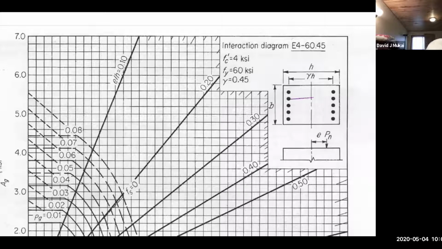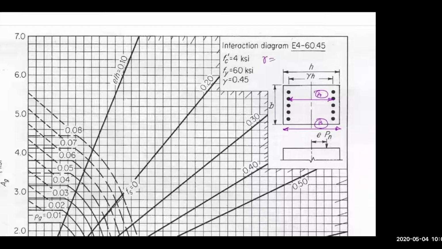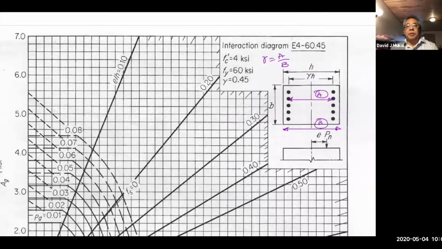So this distance, okay, the ratio of those two distances is gamma.